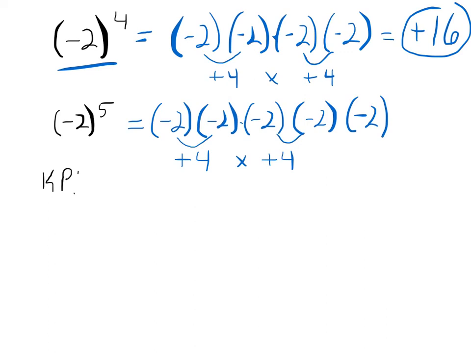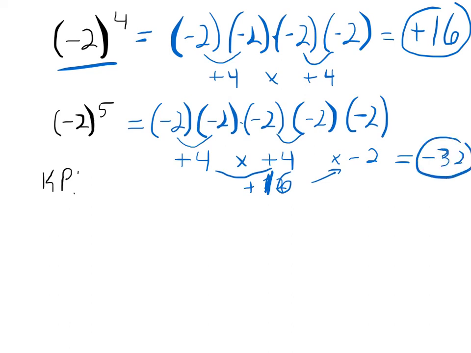And then I still have this negative 2 that I need to multiply by. So what is a positive times a positive? That gives me a positive 16. I was getting ahead of myself, a positive 16, make sure you change that. But then positive 16 times this negative 2 will give me a negative 32.